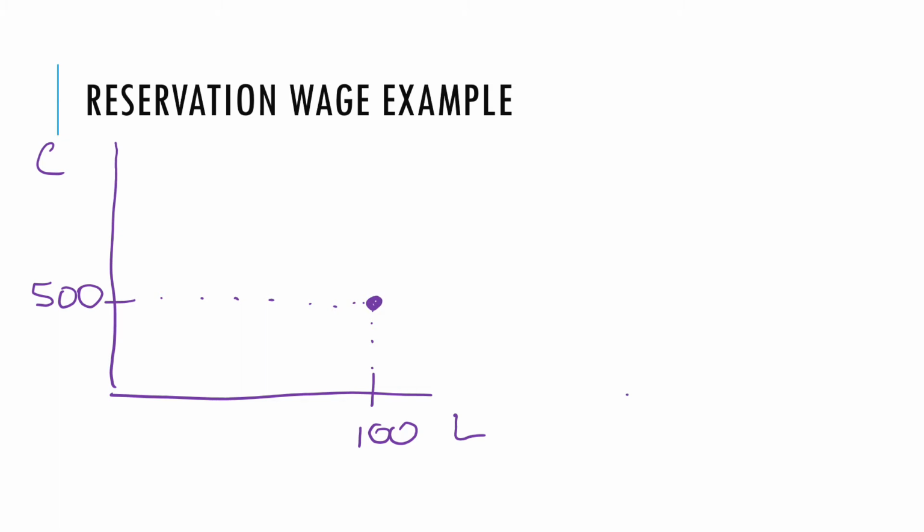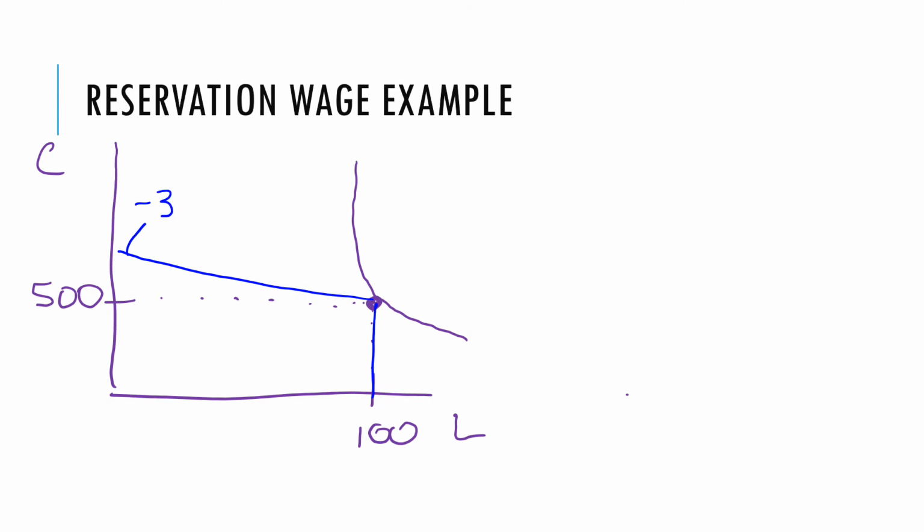So what I'm going to do is draw an indifference curve. Let's say, just for an example, we have some budget constraint, and I'm going to just say that the slope here is -3.